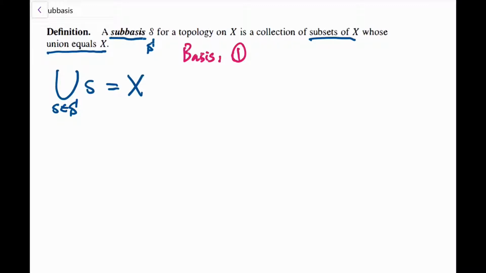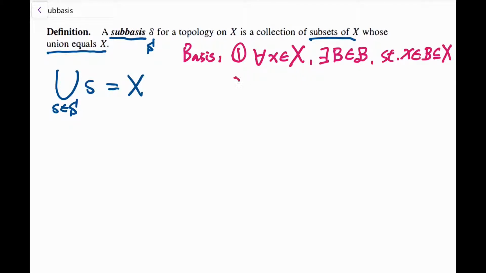The first property is that for any point x in the set X, there exists a basis element B from the basis B, such that it has the relationship like this: x is in B, and B is a subset of X.